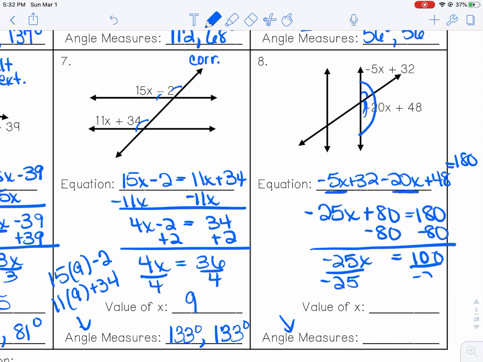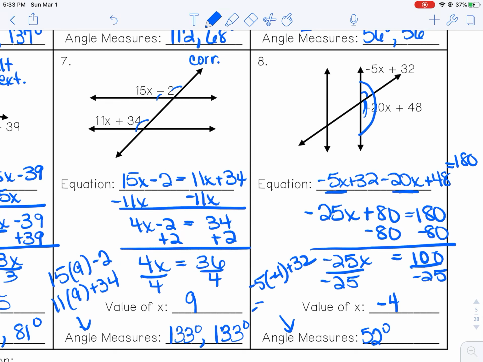Again, it's okay to get a negative answer for x, and in this case our answer is negative 4, just as long as our angle measures are positive. So we have negative 5 times a negative 4, which is going to give us a positive 20, plus 32, that's going to give us 52 degrees.